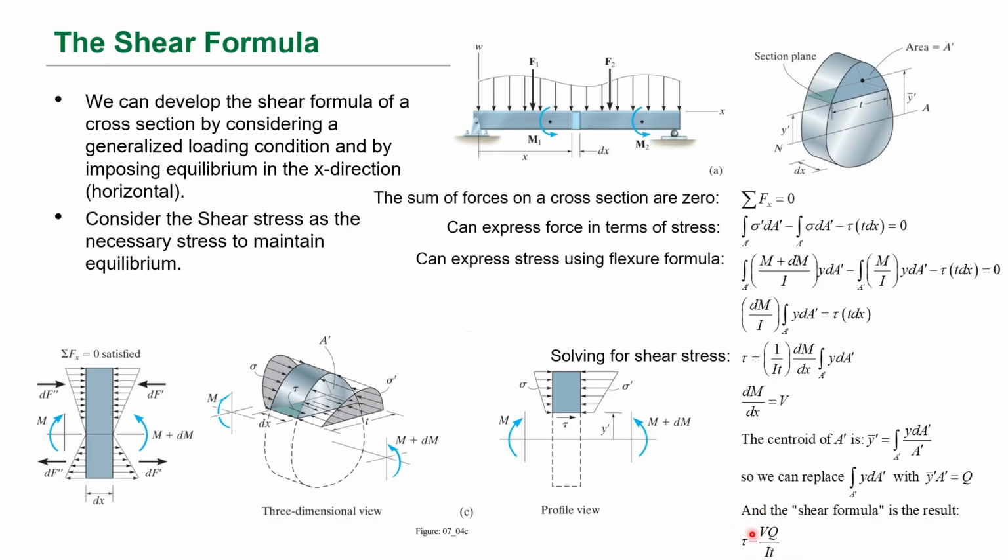Okay, and that's the shear that develops on some section here with a shear V, and that V came from the dM/dx, which is pretty interesting. And this Q is y prime A prime. The y prime is the distance to the centroid of this area, and A prime is this area above this slice, and that's t, that thickness t.